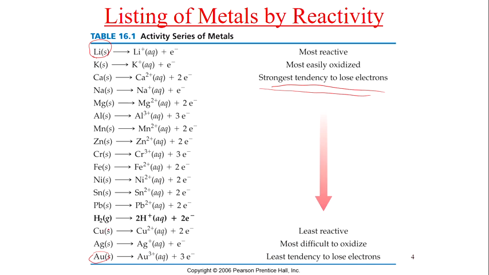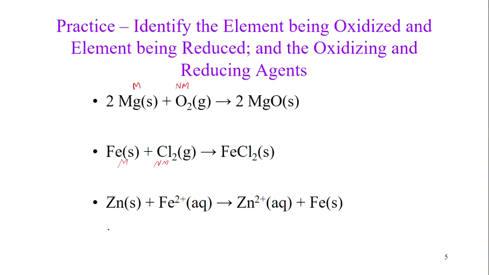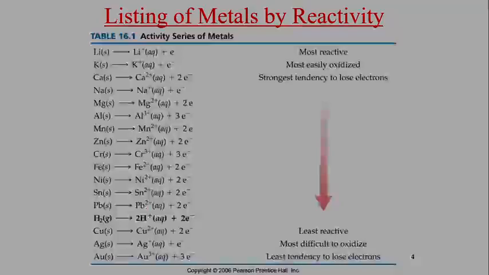So based on this table, you can find out which element is going to lose electrons and which element doesn't tend to lose. Look at this one, zinc and Fe. We are going to see how it works.